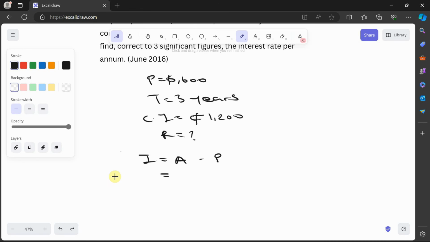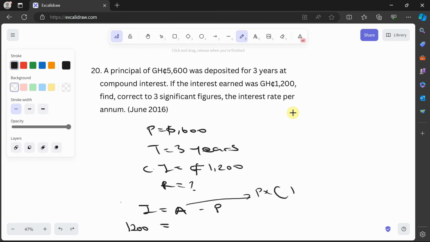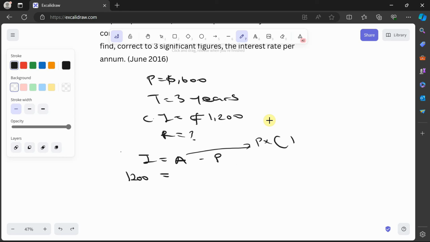So the I is 1,200. Then the formula for our A is what? This is P times 1, is this depreciation? Okay, it's normal compound interest. So 1 plus R over 100 raised to the power of T. These are our equations, so I'll just substitute.